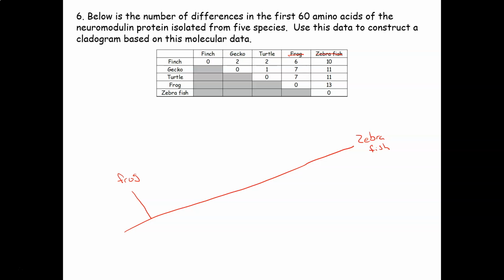The next number there is 11, but that 11 occurs both in the gecko and the turtle. So how do I get both of those to be the same distance from the organism? The answer is that they have to exist on the same line. So I've got 11 from the zebrafish, which means they're going to come back down here.